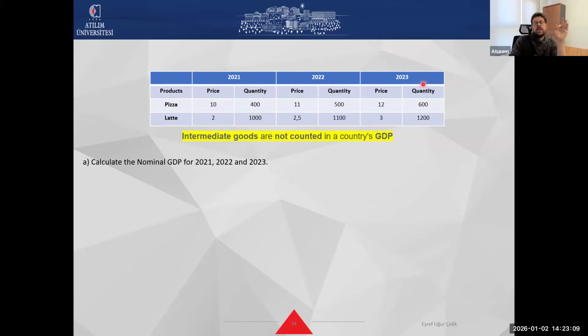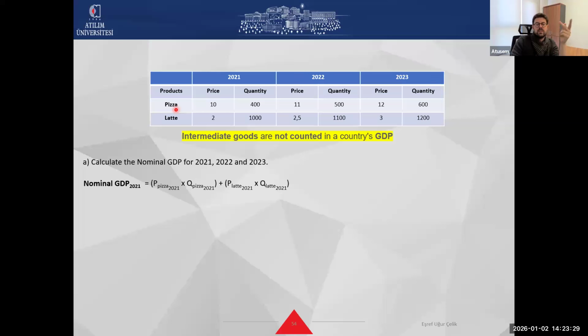In nominal GDP, we take the year asked for the price and quantity. What year did I ask? Let's start with that one. The question asked 2021. We have 2 goods, and we calculate the value of each good.